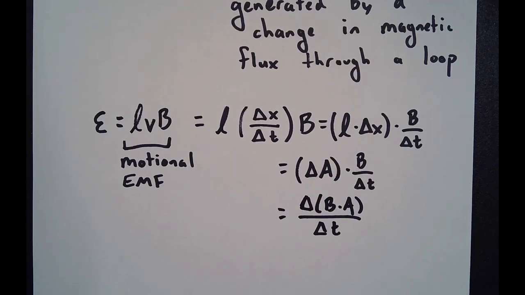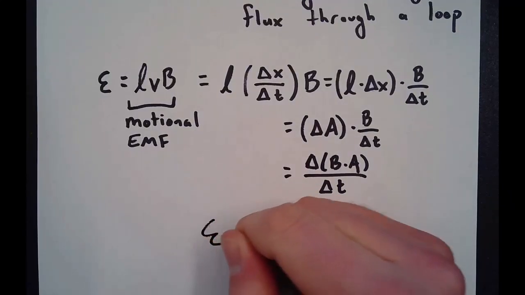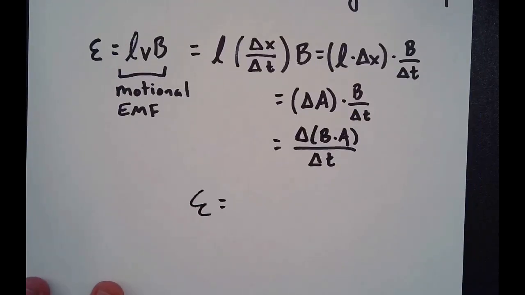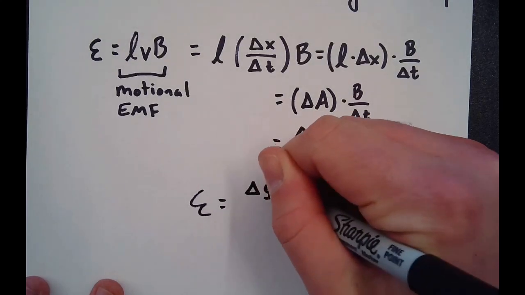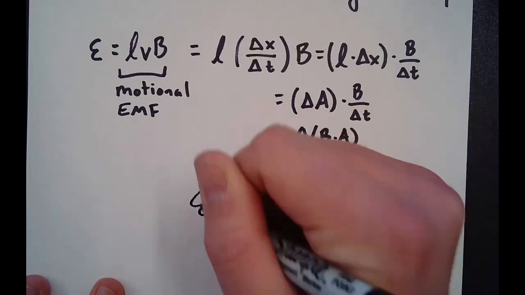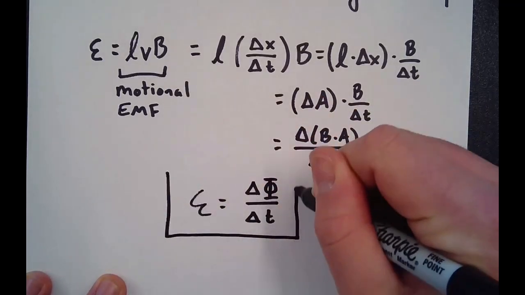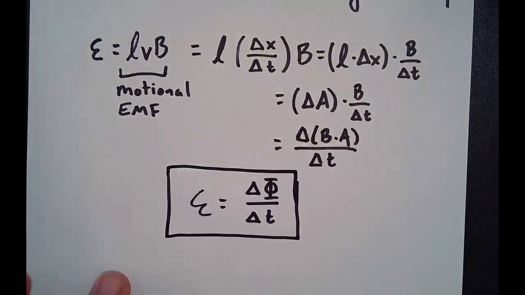So that leaves us with our result here: the strength of the potential difference is your change in flux over time. So it's the exact same law, just generalized to work beyond the specific example we've talked about.